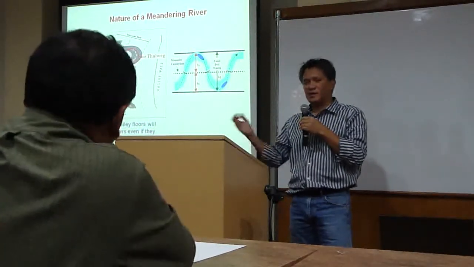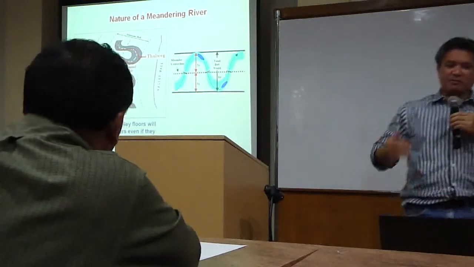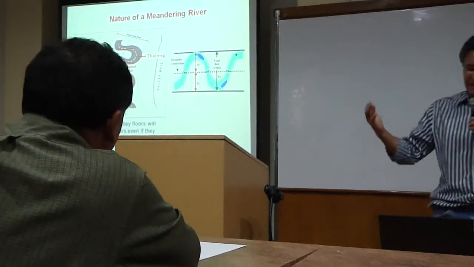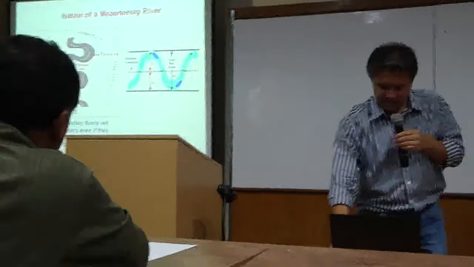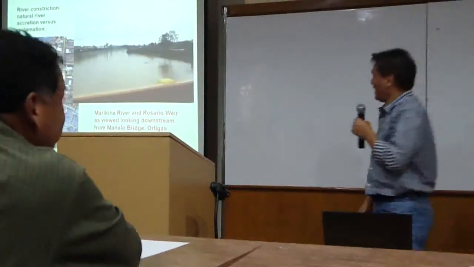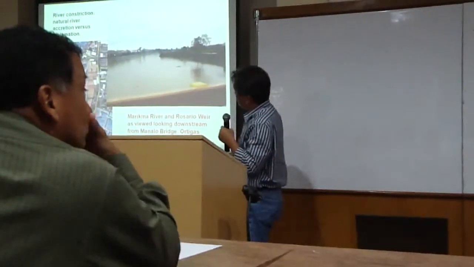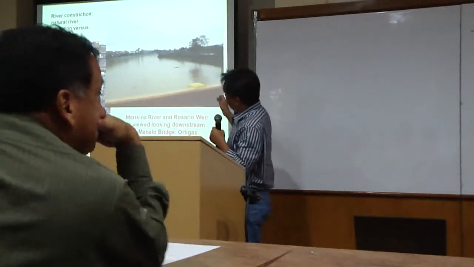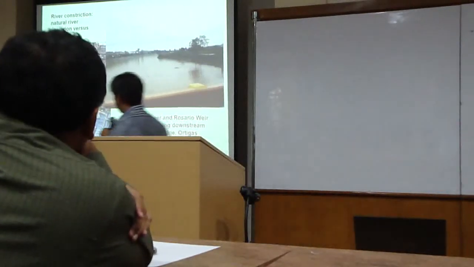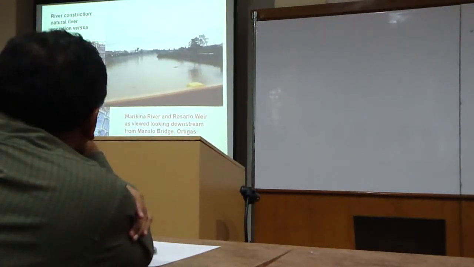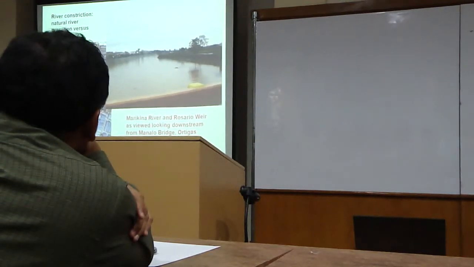So the issue there is, of course, land use, urbanization, and so on. The other issue I mentioned is construction in the Marikina River. If you look at this plot, this is the Manalo Bridge that Bong mentioned.